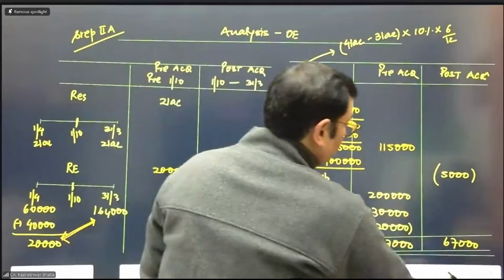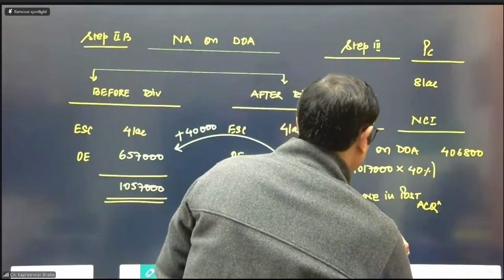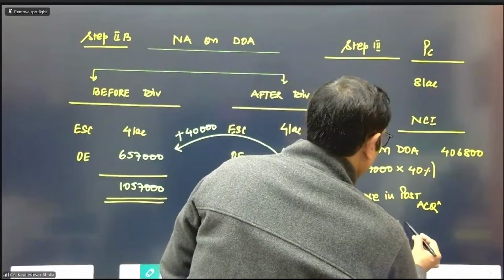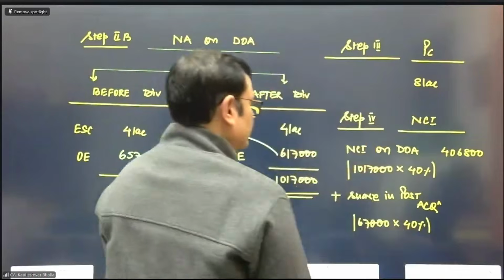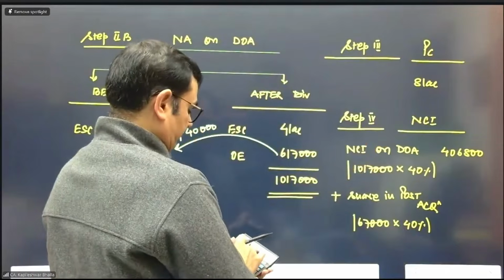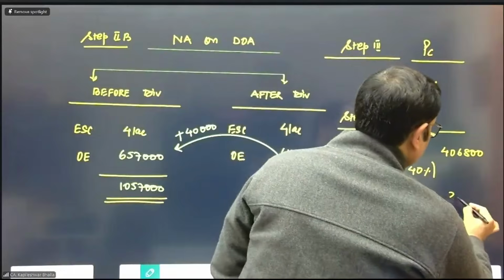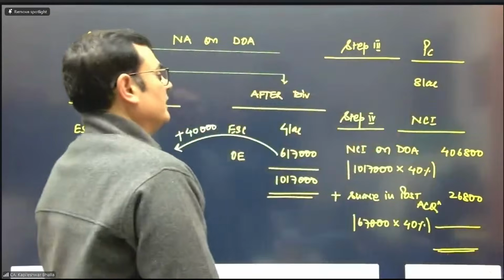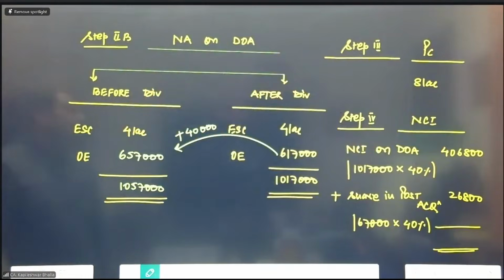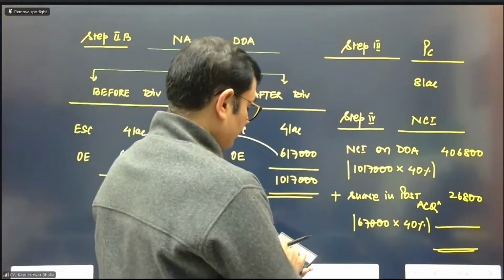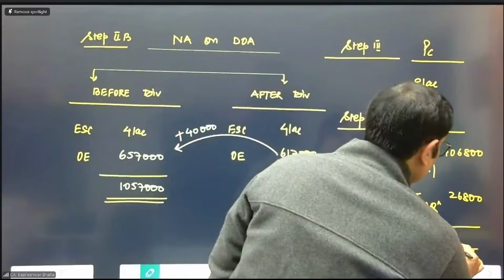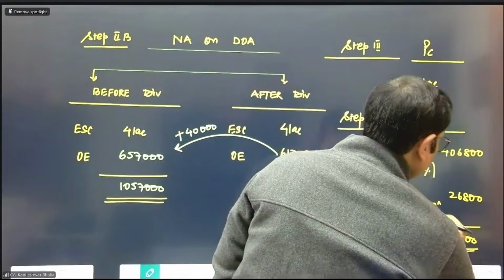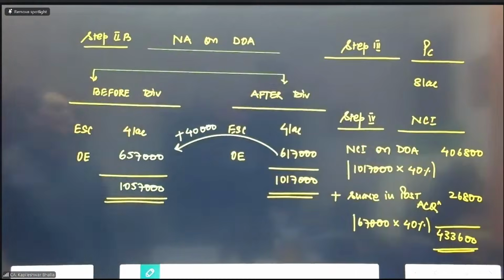The post-acquisition profit is 67,000, and 40% of this belongs to the NCI. That's 26,800. There is no goodwill impairment. Otherwise, we would have seen whether it is full or partial goodwill in this case. So this works out at 433,600. That is the NCI. Great. So step number 4 is done.